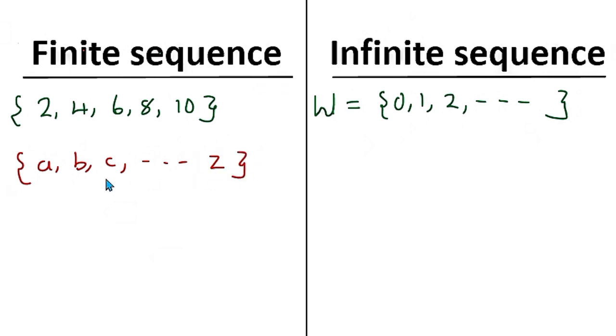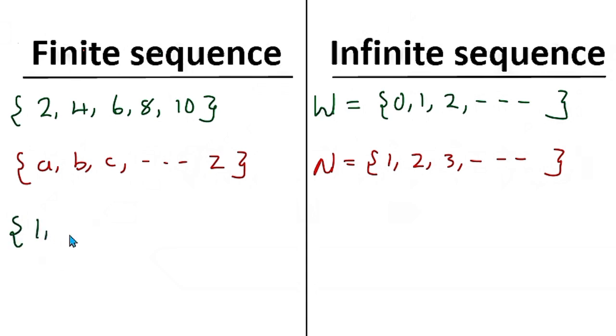So we know the last letter of the English alphabet, and so it is a finite set. We can also think of the set of natural numbers, in this case 1, 2, 3, and it goes on, right?